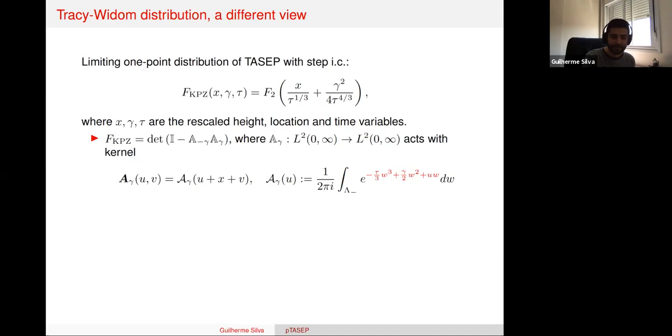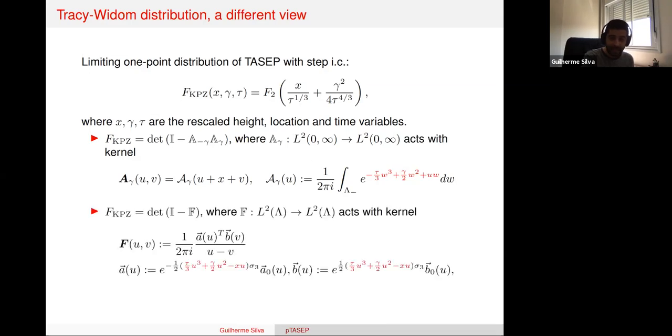The second one I'm going to highlight is the second representation that I showed in the previous slide. If you look at that representation in terms of the kernel acting on some curves on the plane, you basically get the same as before, but now before we had here just a cubic plus linear polynomial. Now we have a cubic plus quadratic plus linear polynomial.